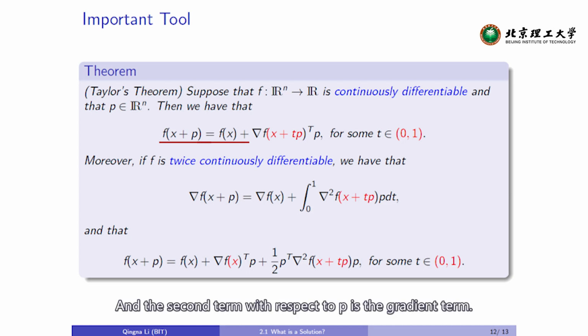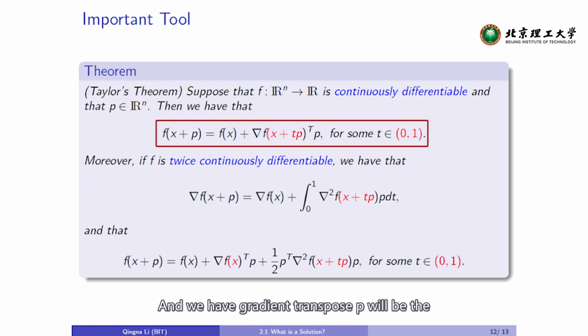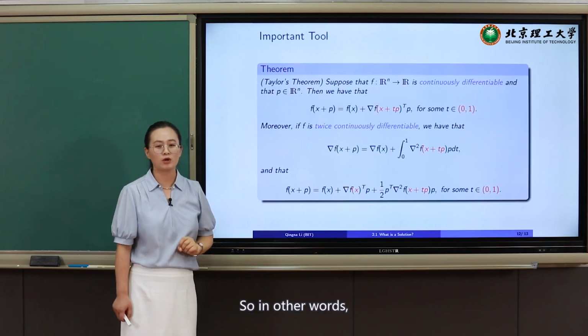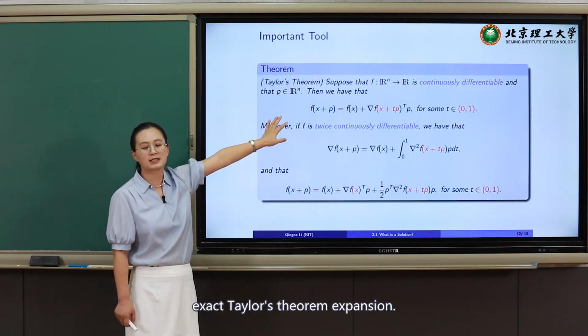The first term with respect to p is the gradient term, evaluated at the point x plus tp, where t is some constant between 0 and 1. We have the gradient transpose times p as the first order term. In other words, this is the first order exact Taylor series expansion.